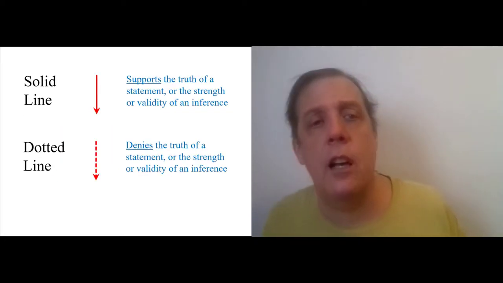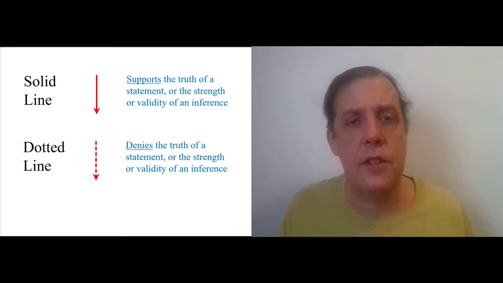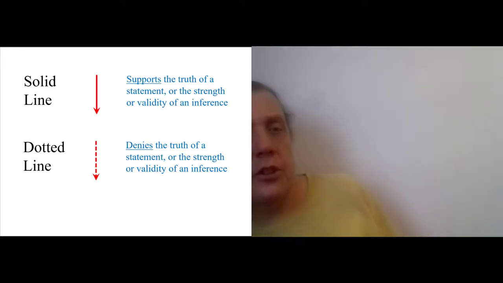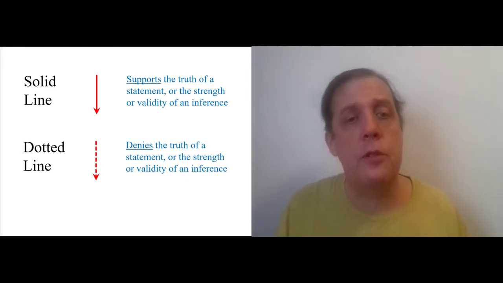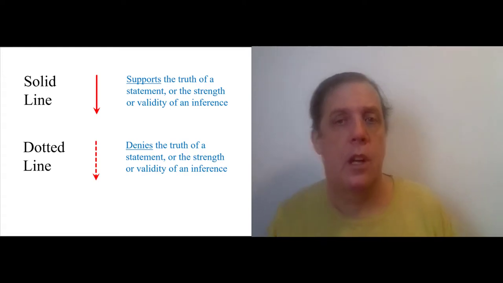We're going to say that a solid line supports the truth of the statement or the validity of an inference, and a dotted line denies the truth of a statement or the validity of an inference. So now we've introduced another element, the dotted line, and this is a tool that you can use to make objections.